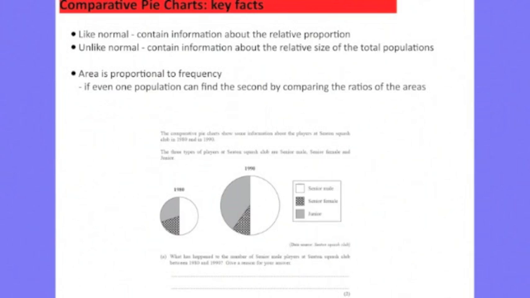Comparative pie charts. Now these pie charts are normal in the sense that they contain information about the relative proportion. However, unlike normal pie charts, they contain information about the relative size, how many of the total populations. Area is proportional to frequency.